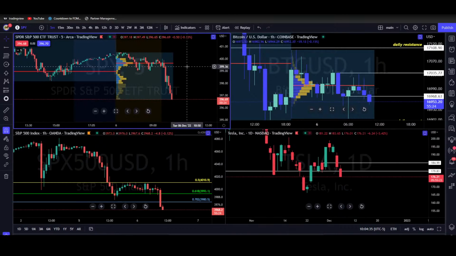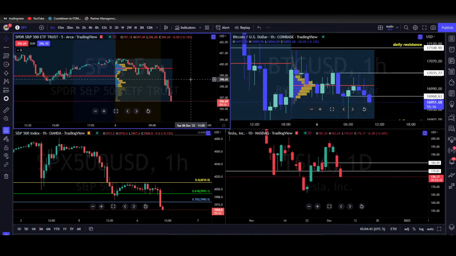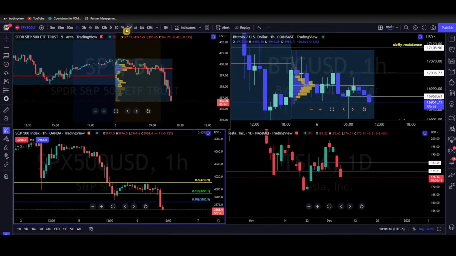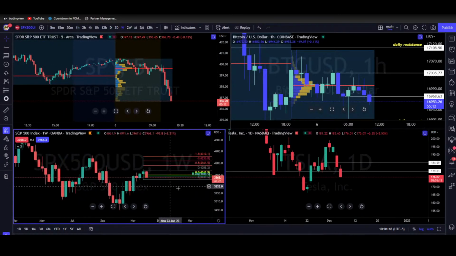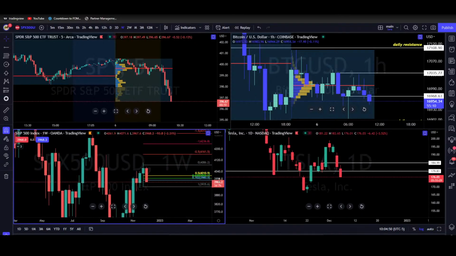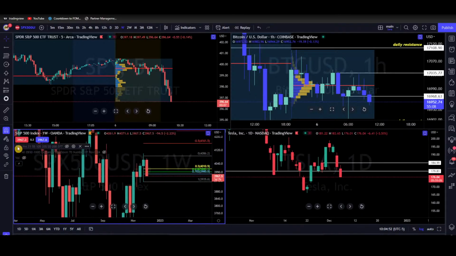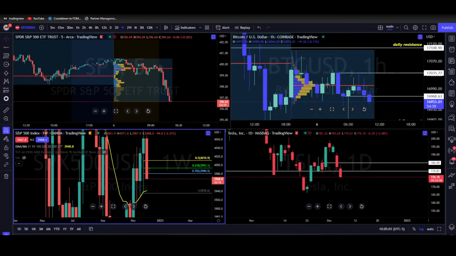It is Tuesday, so this could end up being the low of the week, or the high of the week is already in, which would not fare well for risk assets. So essentially what we're watching here is this right there. You're coming right into weekly support.